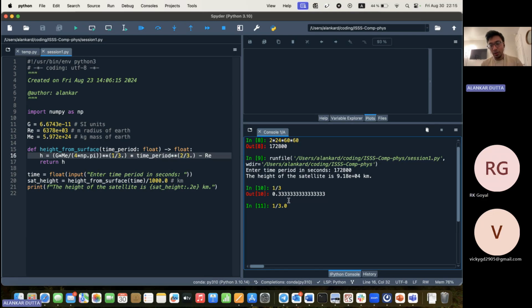Yes, but how C works is it looks at your divide operand, and then it looks at the data types of the numbers on the two sides of it. If the data type is integer, it automatically gives a result which is an integer. And since 0.333 cannot be considered an integer, it gives you 0. So then it becomes a problem.